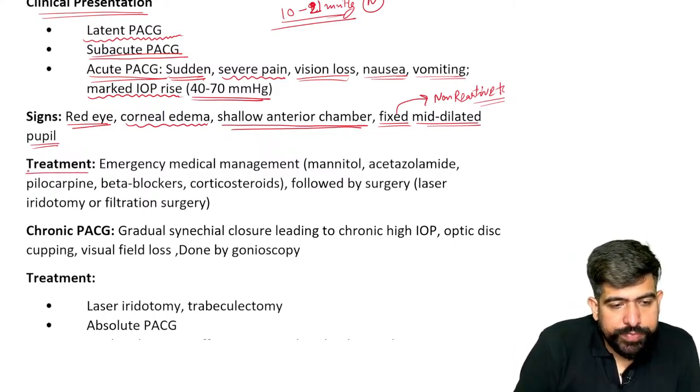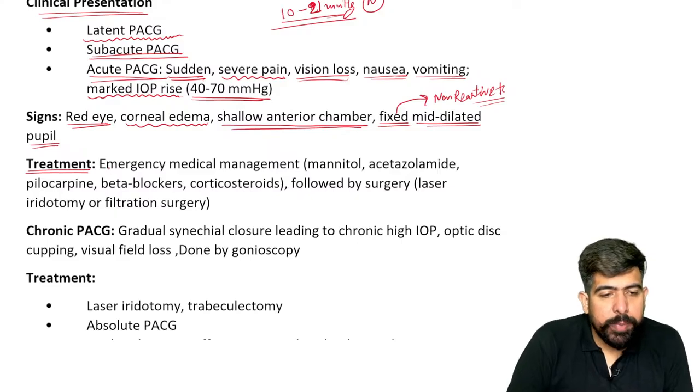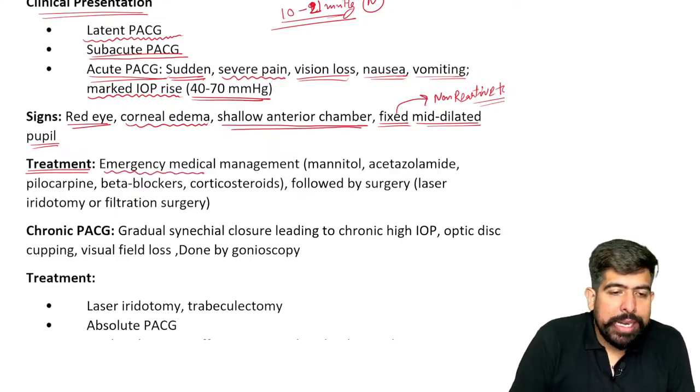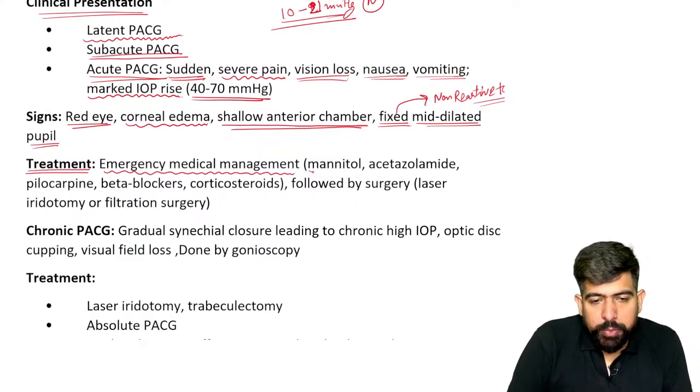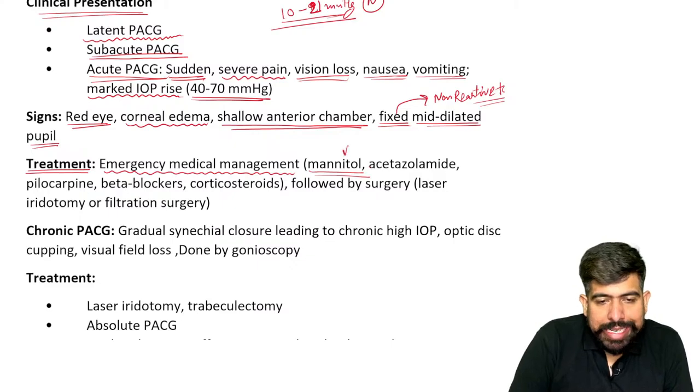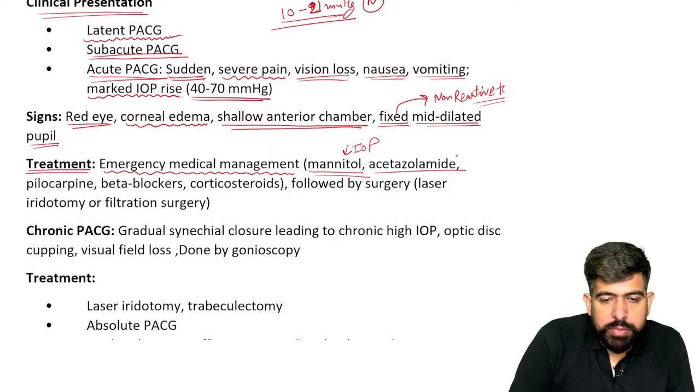Now the treatment. What can we do for the treatment, guys? Please remember, it is a medical emergency, so management should be given. And what is the emergency medicine? Please remember, we have to give mannitol for decreasing the IOP. We should give acetazolamide for increasing the flow by the uveoscleral pathway.